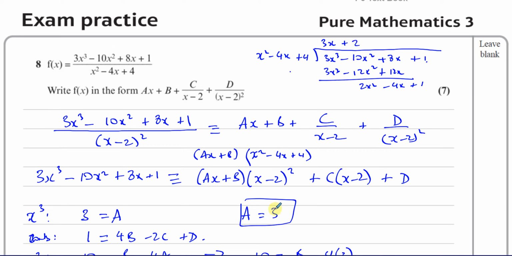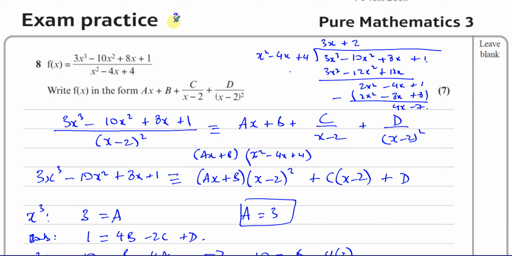So there we got our 3x and our 3 and our 2 from A and our B. We got that already. That gives you 2x squared minus 8x plus 8. Now, when you subtract these, this becomes 0. This becomes minus 4x plus 8x, which is 4x, and 1 minus 8, which is minus 7. So we end up with something like this.